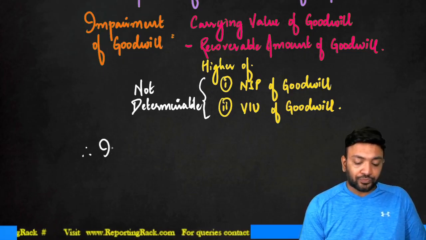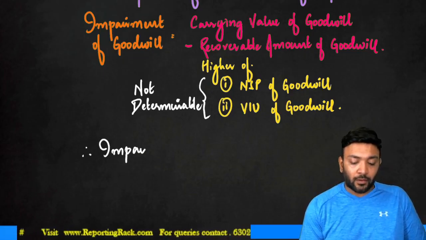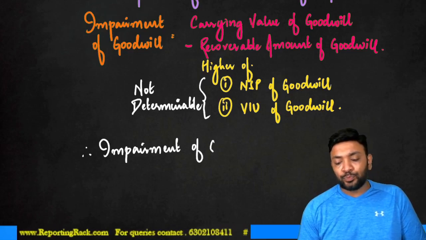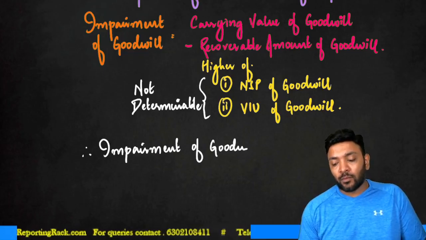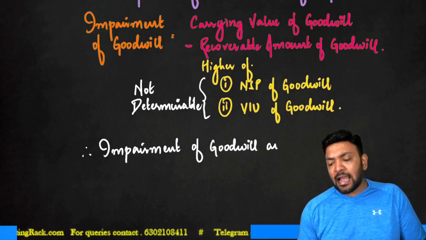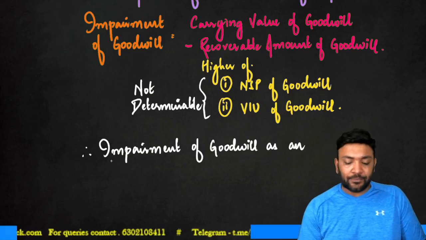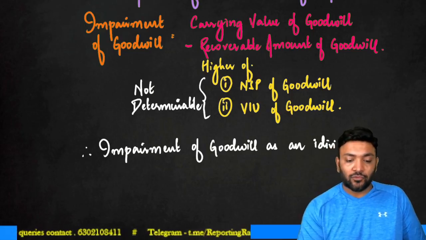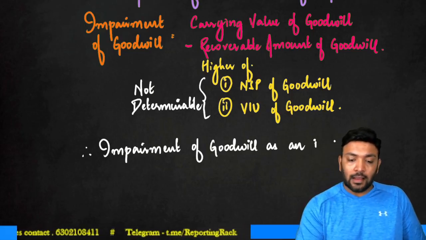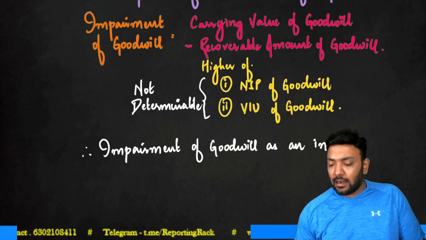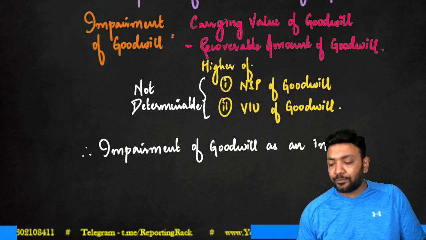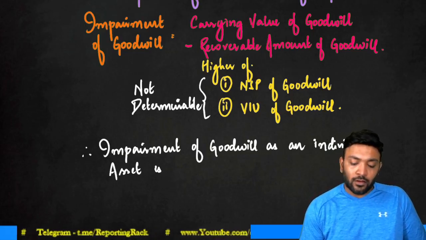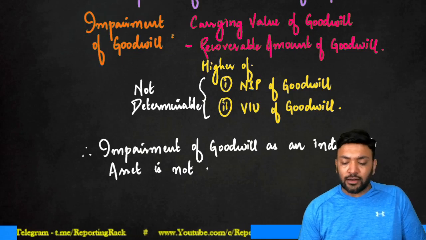as an individual asset. Impairment of goodwill as an individual asset is not determinable.